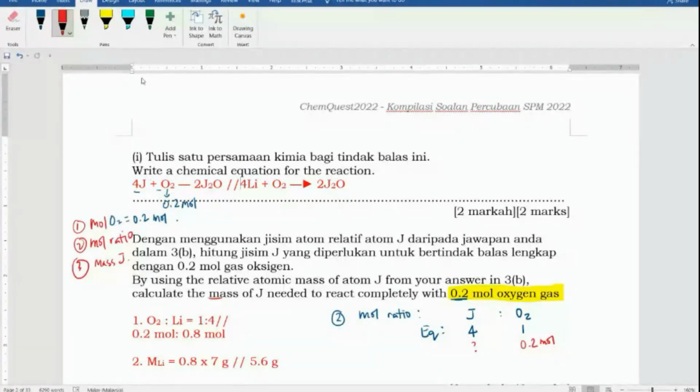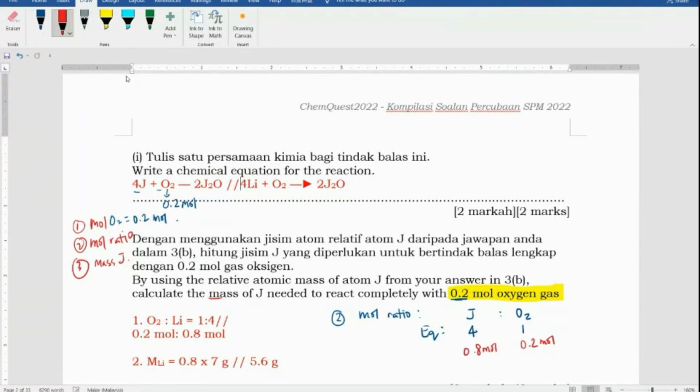How about J here? What is the value? 4 times 0.2, yes, correct. So what is the value you get? 0.8. Yes, correct. This one 1, this one 4. Meaning that if here 0.2, times 4 gives 0.8.